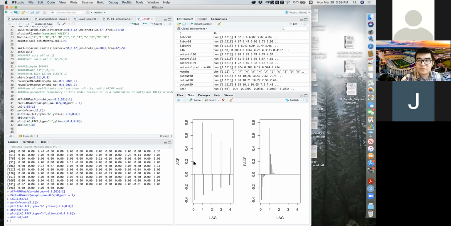The left figure is the ACF and the right figure is the PACF. What can you see from these plots? For the ACF, it cuts off at lag 1.